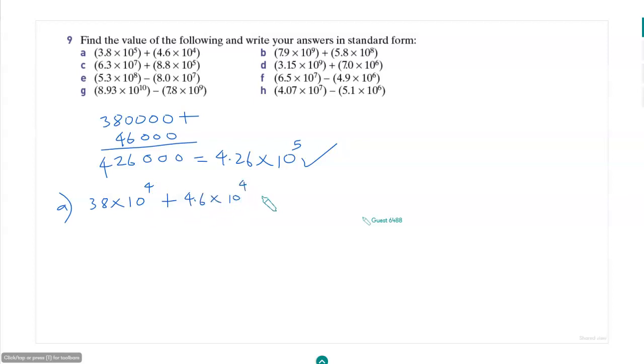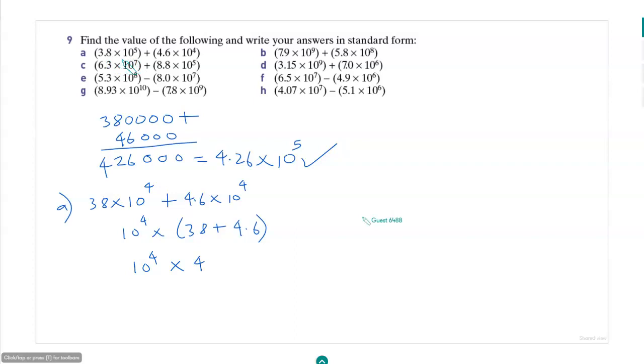Now you have a common factor of 10 to the power 4, right? So you can say 10 to the power 4 into 38 plus 4.6, right? So 10 to the power 4 times 38 plus 4.6 is how much? Is it 3.8?